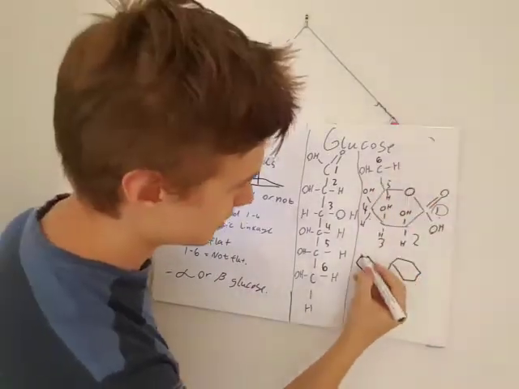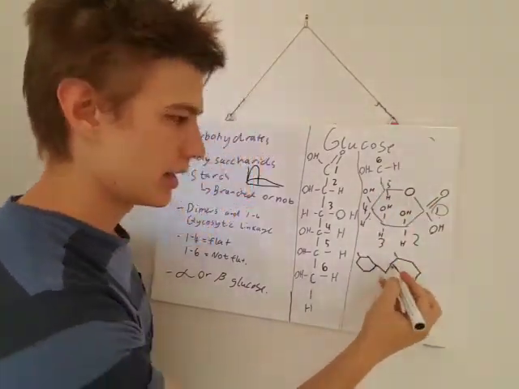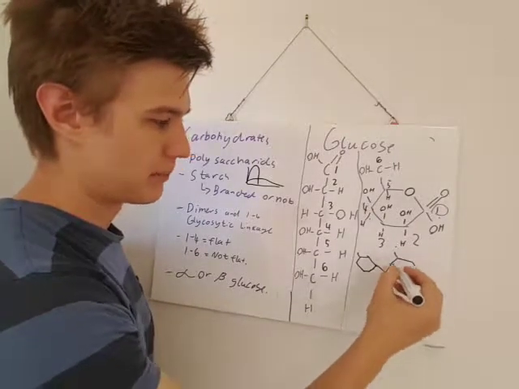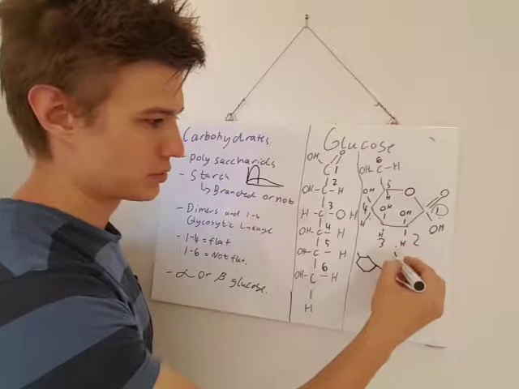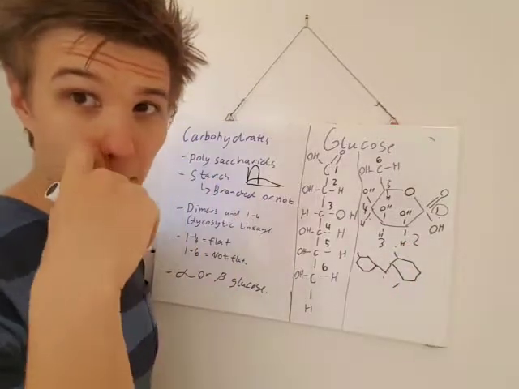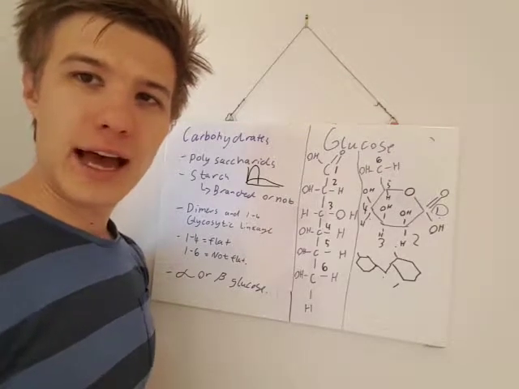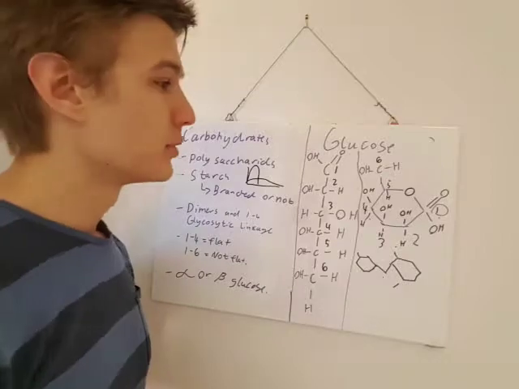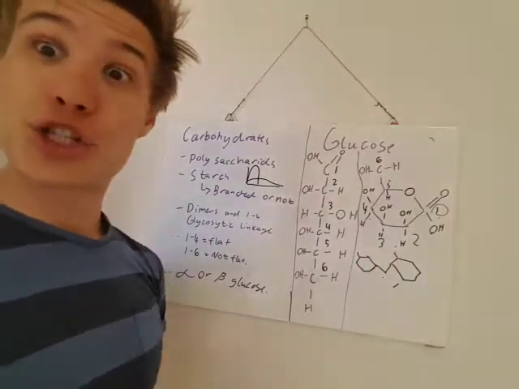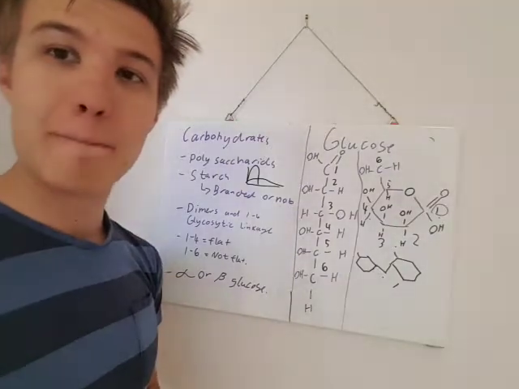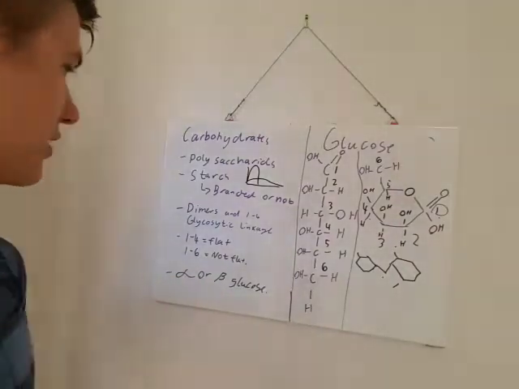Way up here. So he's way over here, right? And of course, if you have both a 1,4 and a 1,6, or indeed a number of 1,6s, it winds up a bit all over the shop. And so you can have both of these kinds of bonds on one polysaccharide, and you end up with a branched chain, which leads to our branched and non-branched mechanics. So that's very interesting.